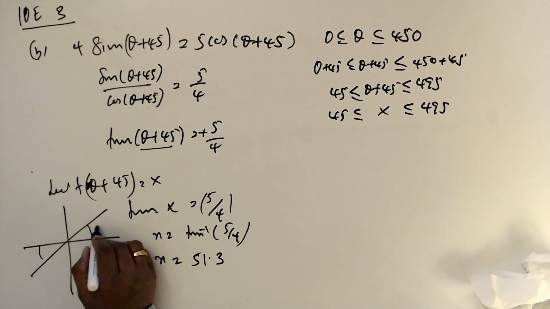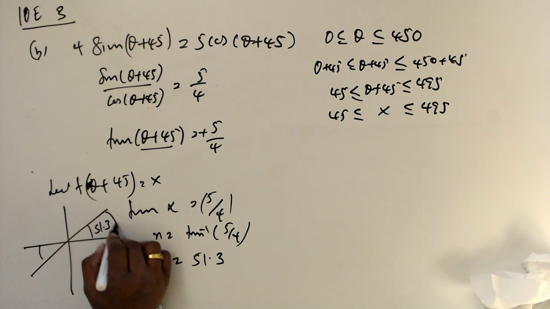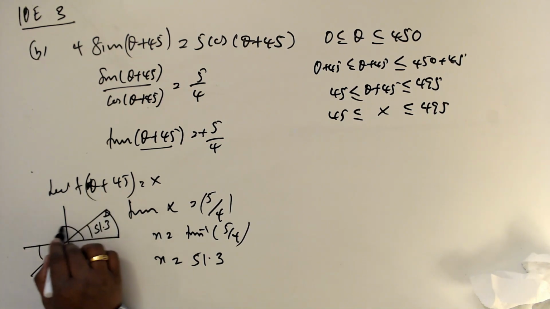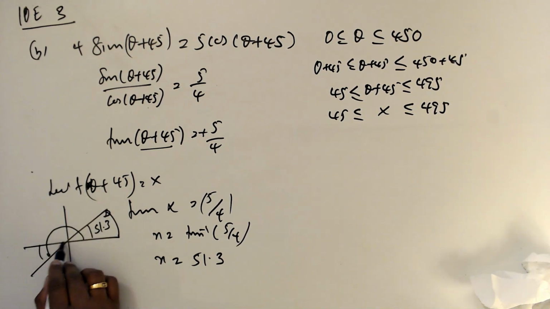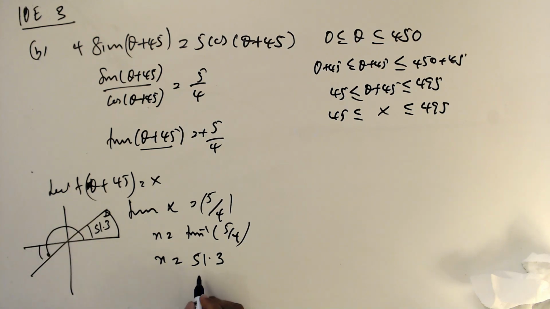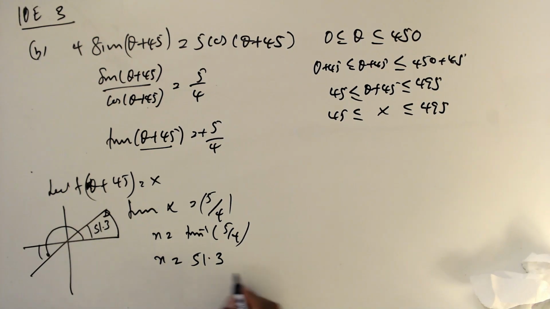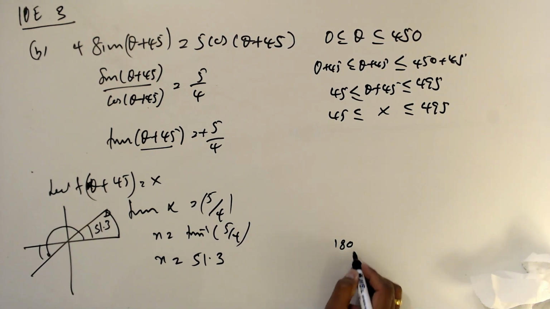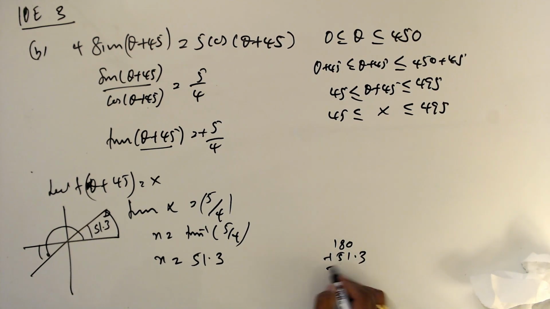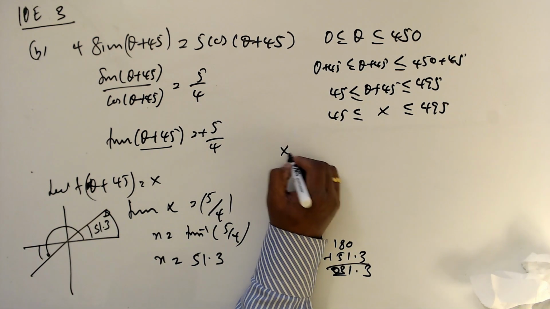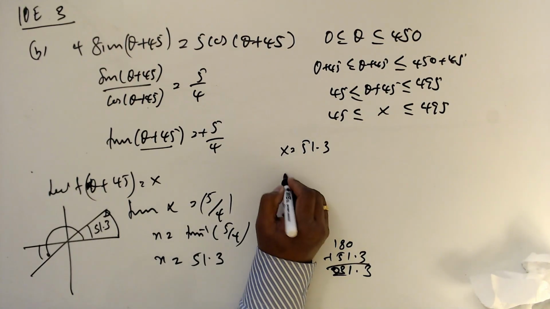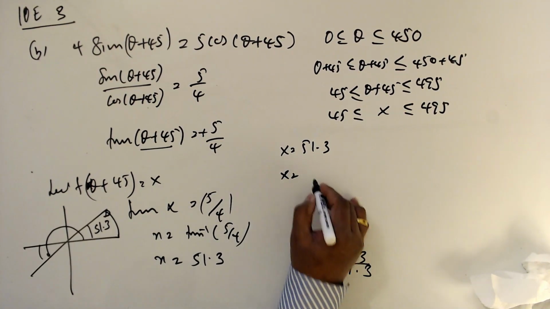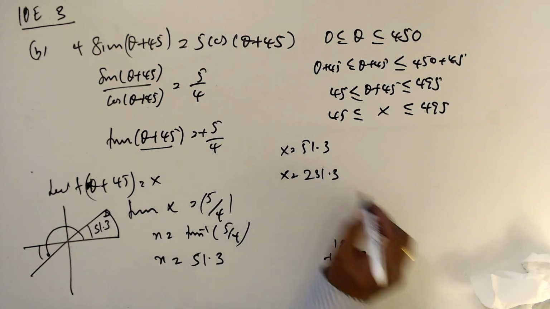So this is 51.3 and the other one is 180 plus 51.3, that is 231.3. So x equals 51.3 and the other one is 231.3.